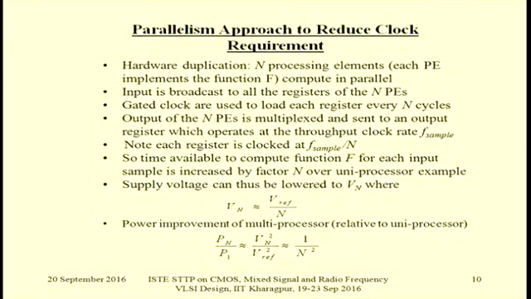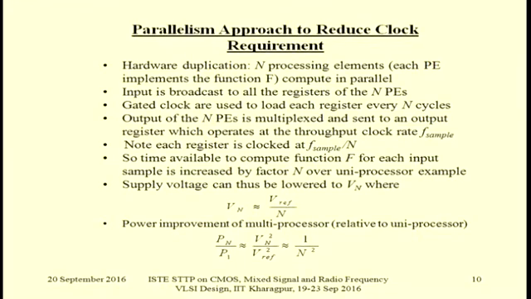So the time available to compute the function is increased by a factor n over uniprocessor. It can be shown that roughly Vn is 1 by n. So that means earlier if you had required, just as an example, say 5 volt, now we can operate with say 500 millivolt. Okay, and power improvement.